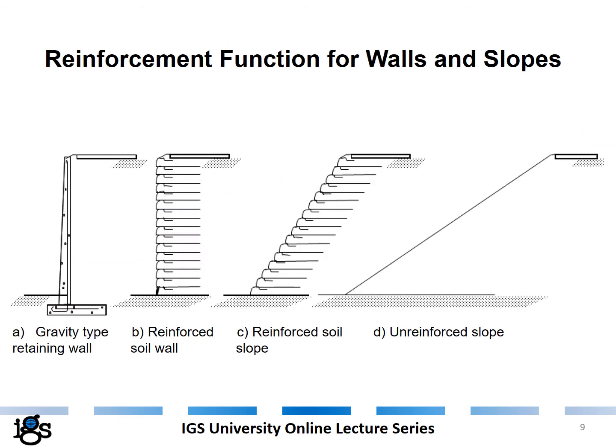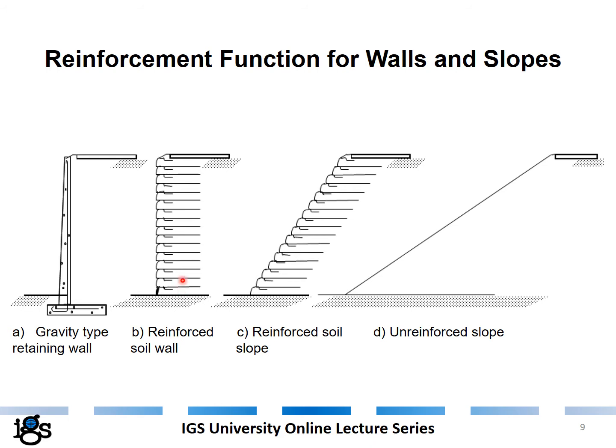When we talk about retaining walls or retaining structures, we have traditional gravity type retaining structures, like seen here on this example. Or if you have to create an elevation difference, you can construct an unreinforced slope.